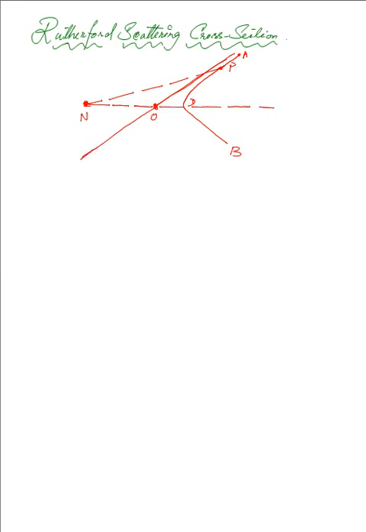So this is one of the asymptotes associated with the hyperbolic path, and that is for the incident case. As for the scattered case, we have another asymptote which extends along this direction, and if we take it to the other side for symmetry, we end up like this.